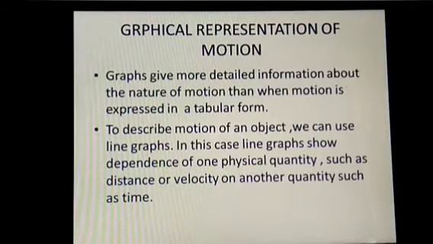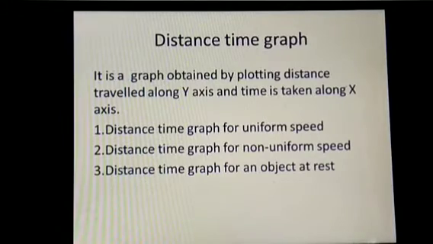In this case, line graphs show dependence of one physical quantity such as distance or velocity on another physical quantity such as time. Distance time graph is a graph obtained by plotting distance travelled along y-axis and time along x-axis. Here we discussed distance time graph for uniform speed, for non-uniform speed, and for an object at rest.